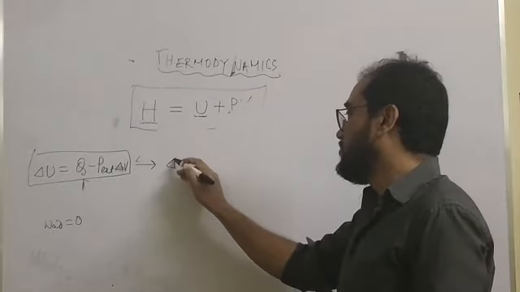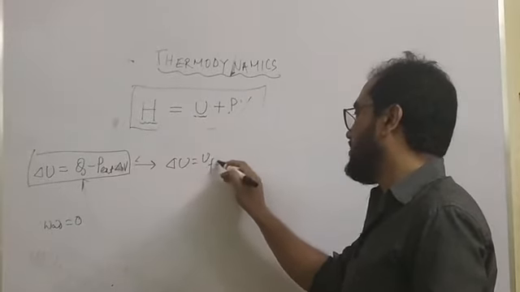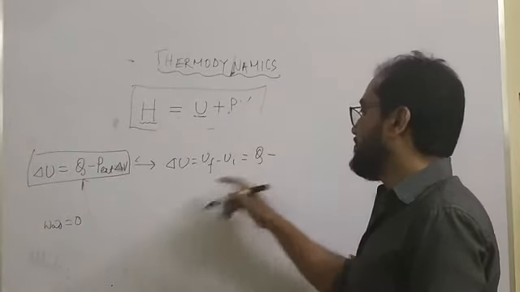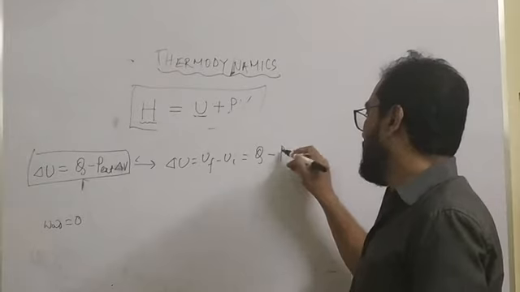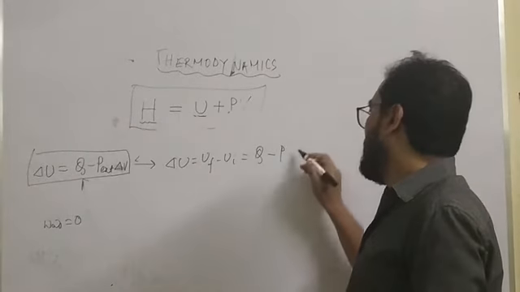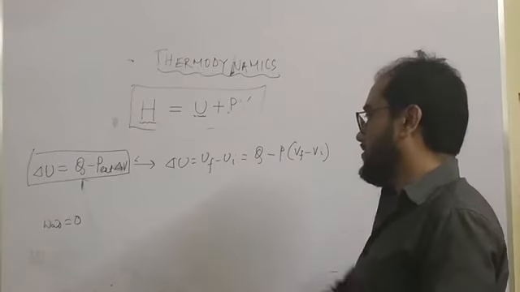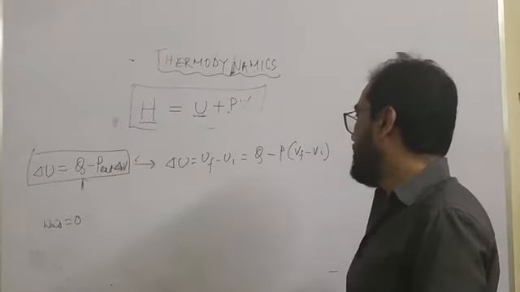Now delta U, we said, is U_F minus U_I equals Q minus P external, let it be P only, into V_F minus V_I. Delta V is a state function, taking delta.